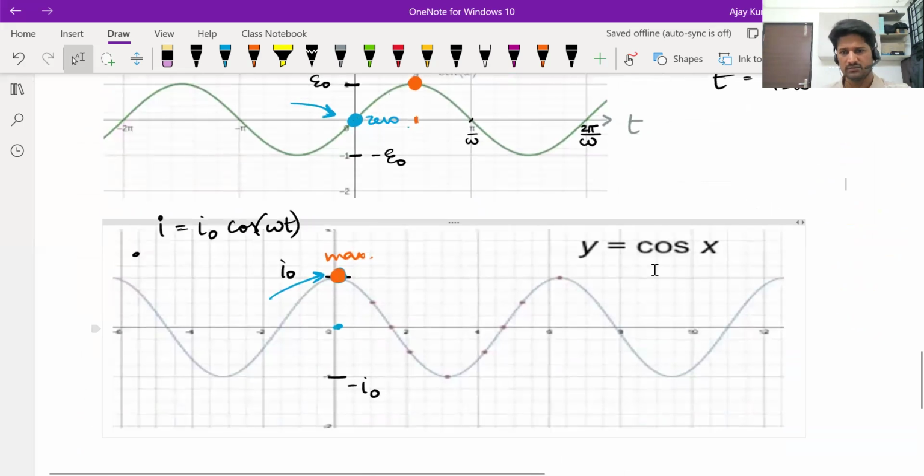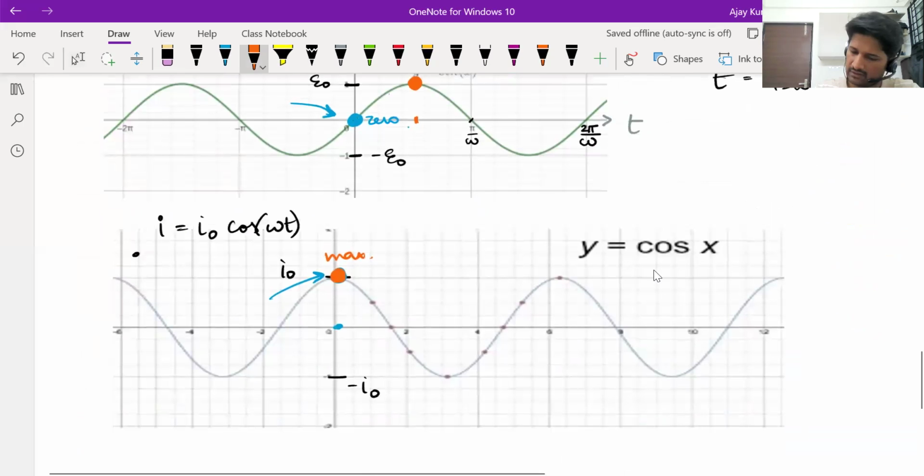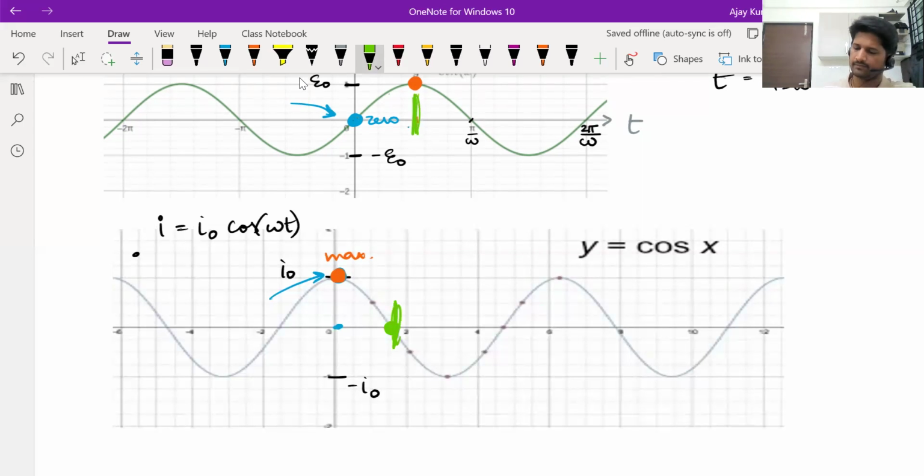After 1/4 of a time period, I'll mark the points in green. After 1/4 of a time period, current falls to 0. That is when the EMF becomes maximum. This value. If both of them move forward by 1/4 of a cycle, current falls to 0, EMF will go to its positive extreme.